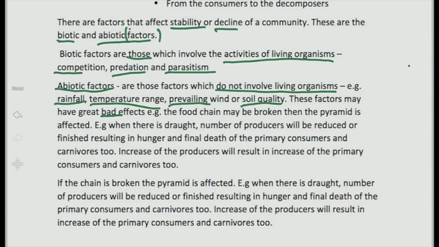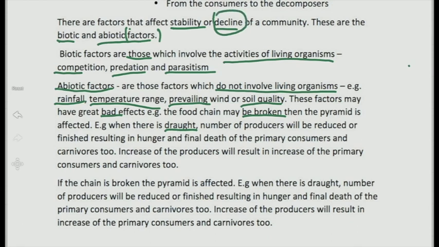For example, if the food chain is broken, then the pyramid which we have shown will be affected. An example is when there is drought, there is no water, the grass, for instance, may dry out. Then what will the primary consumer feed on? That means there will be what we call a decline, a decrease in number.